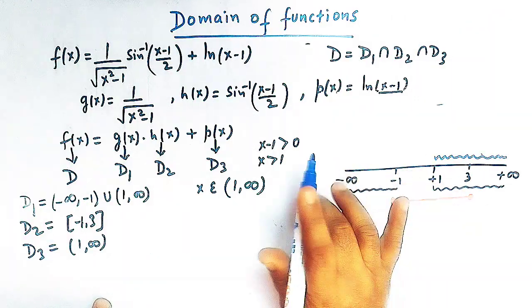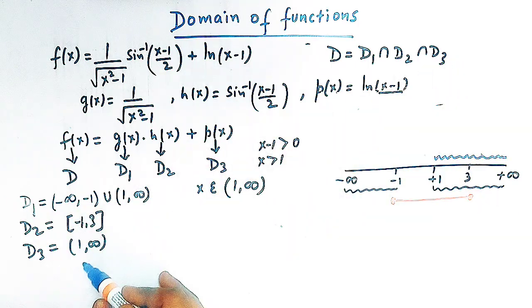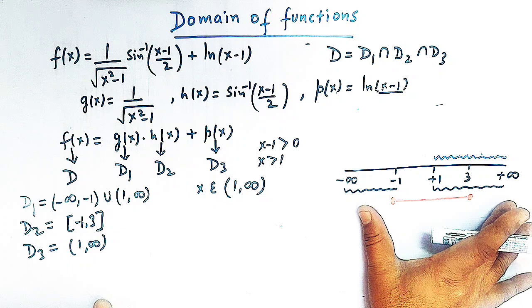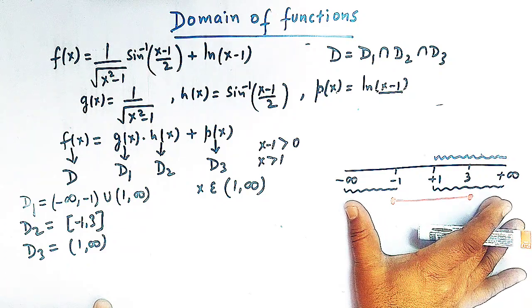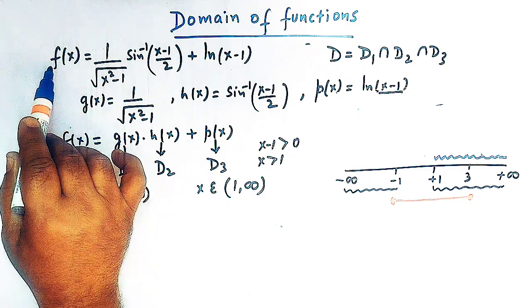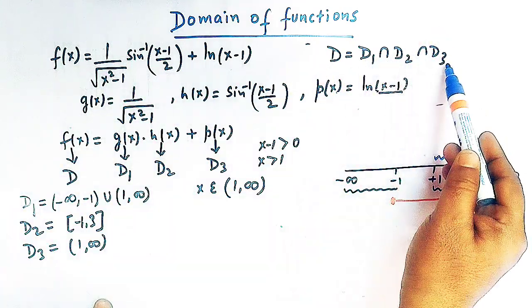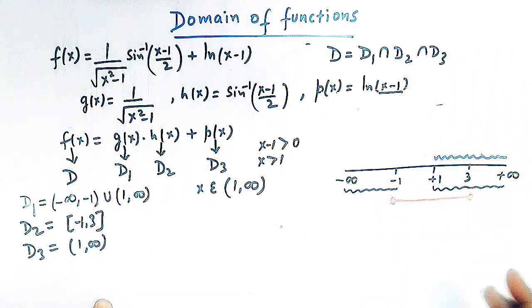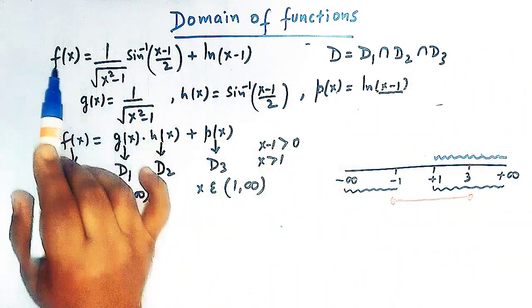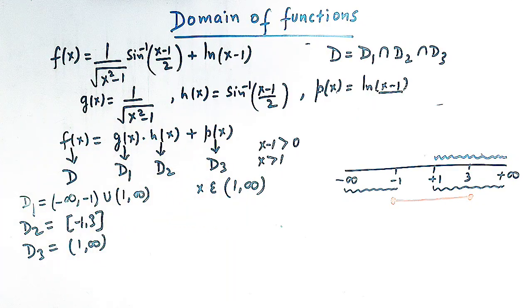Now we have obtained the domains d1, d2 and d3, and we have represented these domains on the real number line, right? From this diagram we have to identify the domain of the function f of x, which is given by the intersection of these three domains. Let us make use of this diagram to get the common values of x for which f of x is defined.